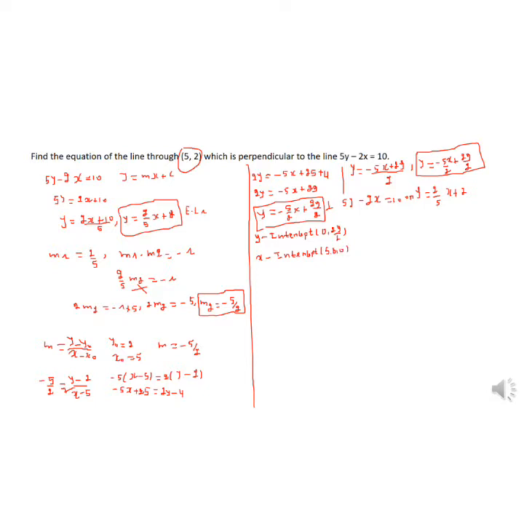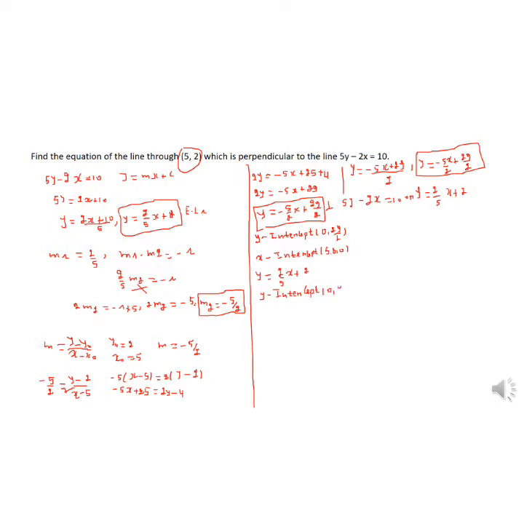For the second equation, we will have y is equal to 2 over 5x plus 2, which means the y-intercept is the point where x is equal to 0.